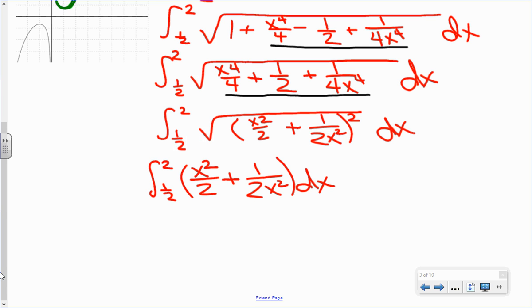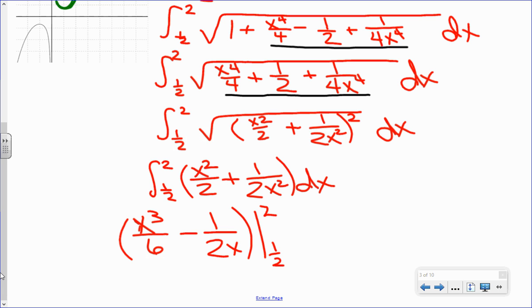All right, so what is the antiderivative of x squared over 2? 1/6 x cubed. Antiderivative of 1 over 2x squared? Negative 1/2x. Evaluated from 1/2 to 2.